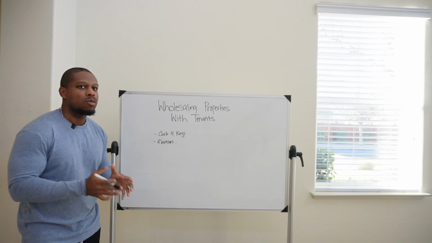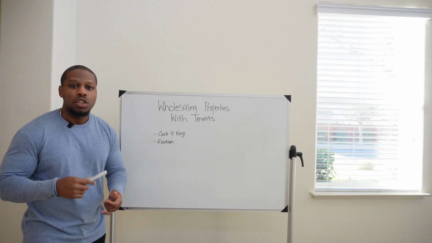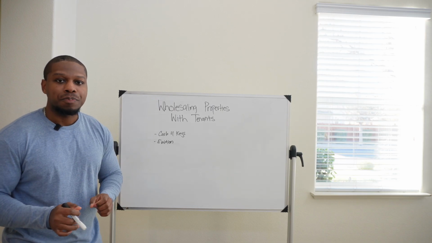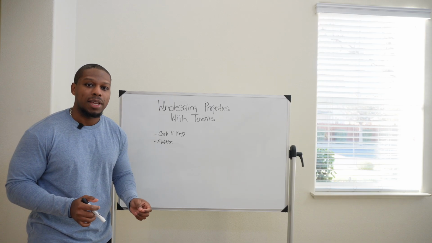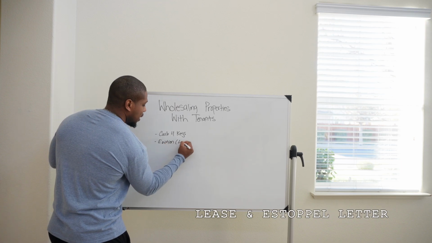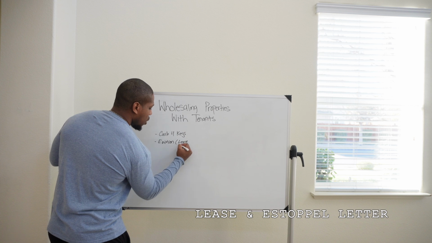That's why it's very important when you come across these properties, you ask the seller for the lease or an estoppel letter, okay? So you want to make sure you ask that seller for a lease or estoppel.